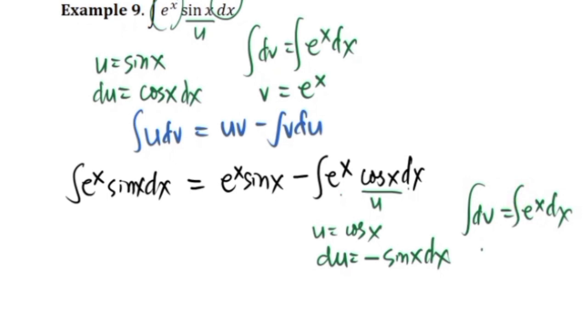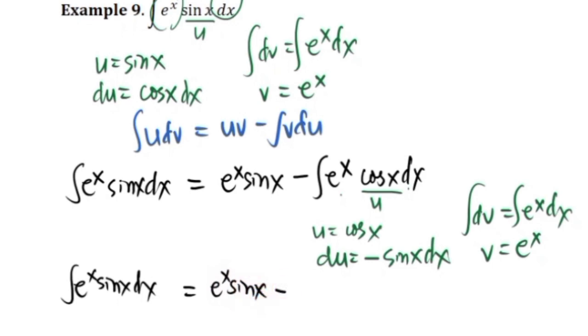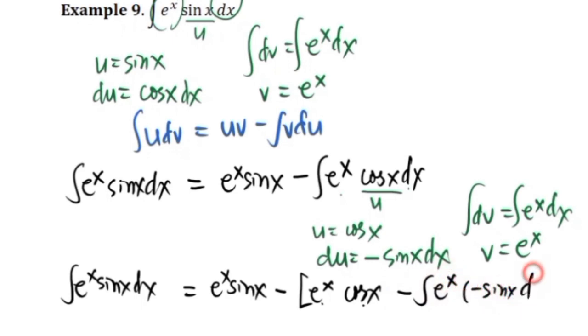So taking the integral of this, your v is equal to e to the x. So applying again the integration by parts formula, we have here e to the x sine x dx. So this is e to the x sine x minus uv, so that's e to the x cosine x, since this is your u and this is your v, minus the integral of v du, so that's e to the x, your du is negative sine x dx.